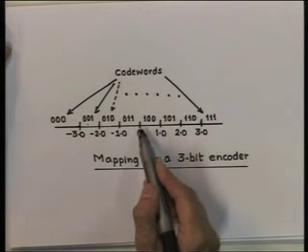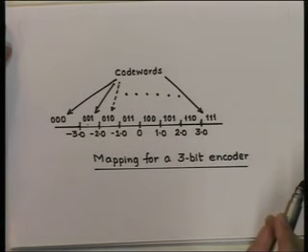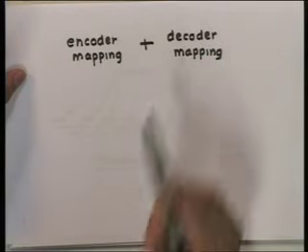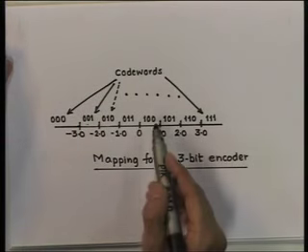When the sample value comes from an analog source, the encoder is called an analog to digital converter. Now, the task of a decoder is to generate a reconstruction value.